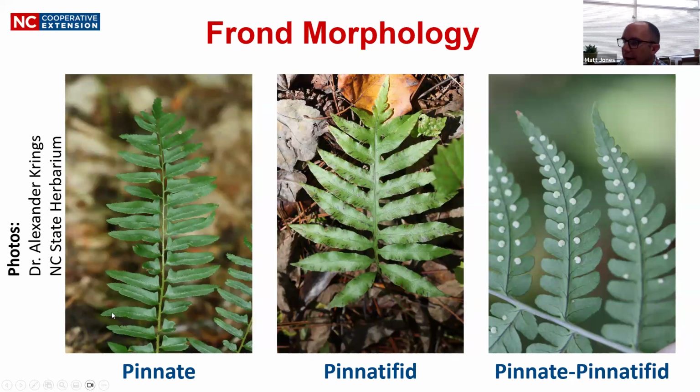So one type of pinnate subdivision is said to be a pinnate frond, and that is where the subdivisions have no connecting leaf tissue to one another. So notice in this single frond, we have many pinna, and between the individual pinna there is no continuous leaf structure connecting them.